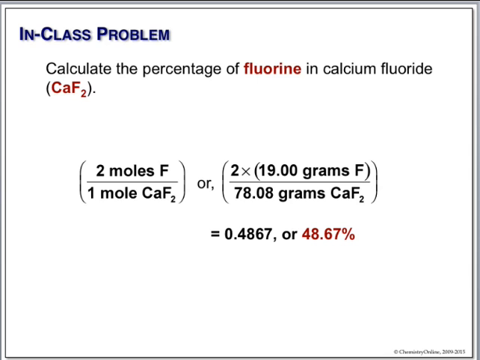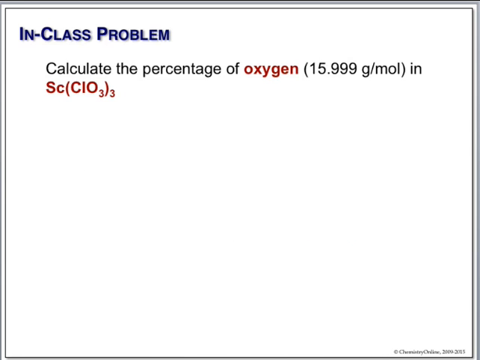Let's do another one. Scandium chlorate. Now, we don't know what that is yet. We will next week. We're trying to figure out the percentage of oxygen. Now, according to the periodic table, every oxygen is about 16 grams per mole.